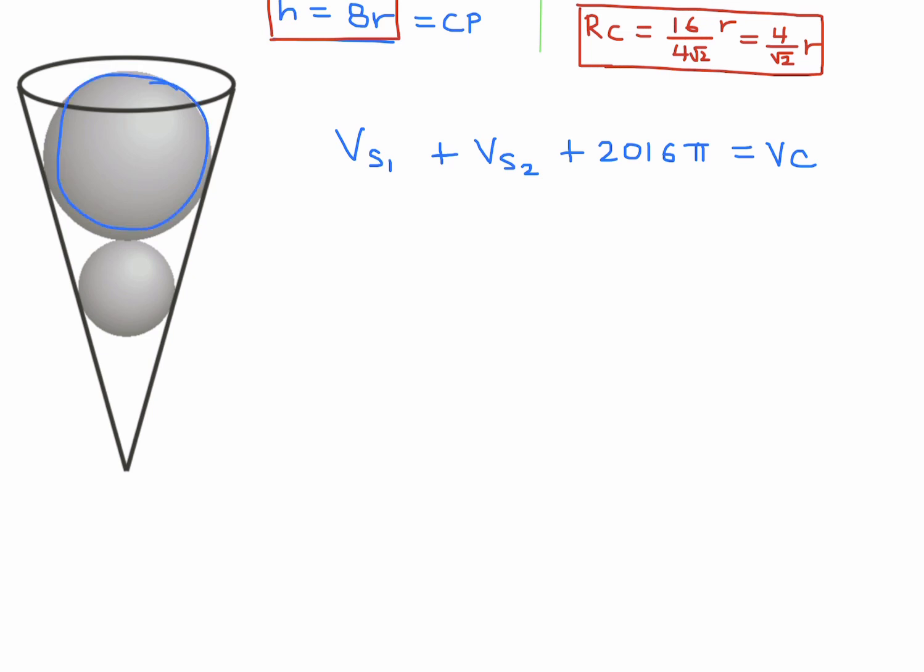Because you have the volume of the first big sphere, the volume of the second sphere, and all the water filling the other parts. That all combined equals the volume of the cone. So that is how we're going to proceed with this question.